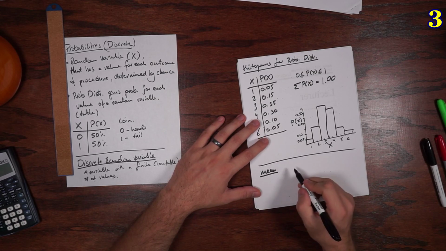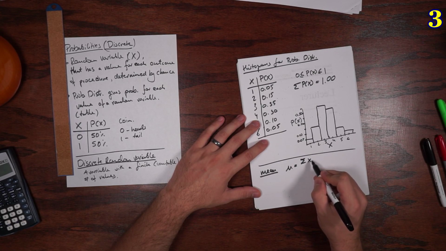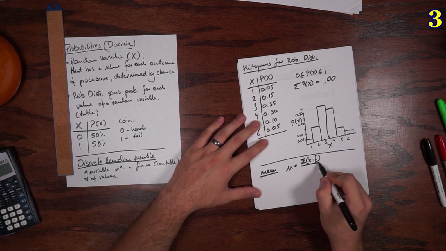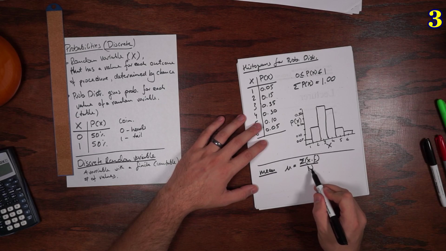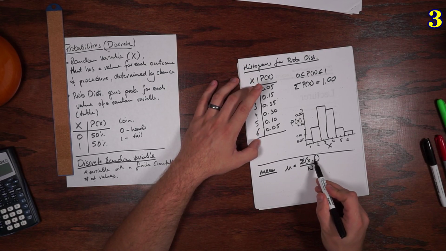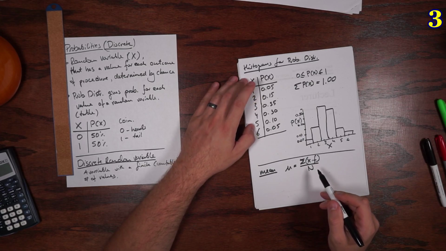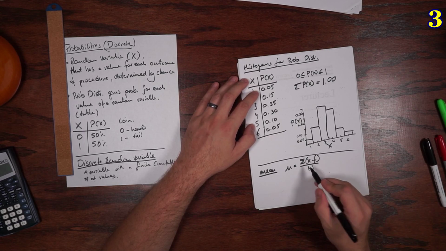We knew we could calculate the mean for a frequency distribution, and that was fun to do. Again, why am I using n? Because we have all the data, right? So there was midpoint times the frequency. In this case, we don't have a midpoint, you just have an outcome, so that just turns into an x.